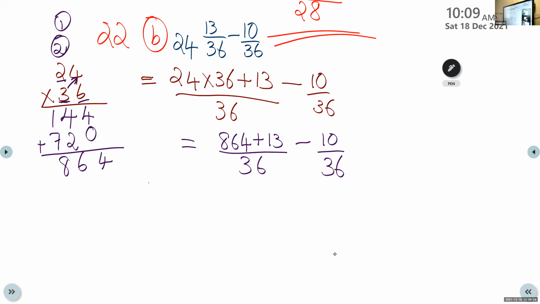Okay, I will send from 17 to 22. I hope I have sent the notes till question number 16. From the 17th I will do today because we are going to complete this chapter today.